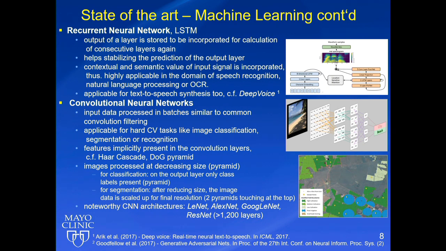The most important aspect, and also the bridge to classic image processing, are the convolutional neural networks, where convolution is the most important operation, as it was, from my point of view, also in the image processing domain for the last 40 years. You can go in two directions with pretty much the same network type.